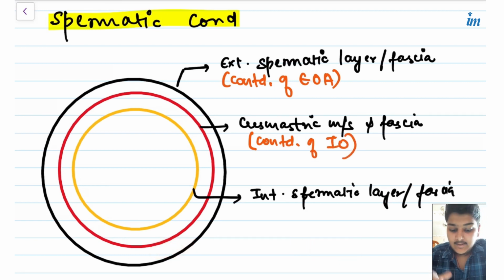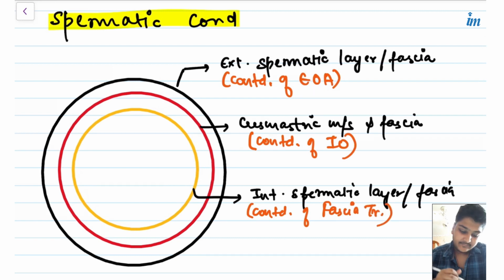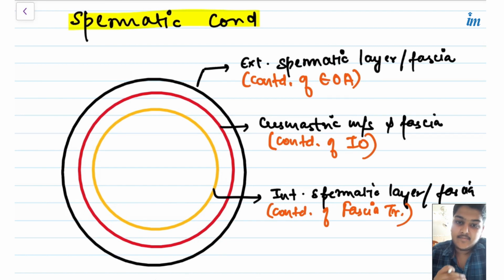And where is this internal oblique coming from? We talked about conjoint tendon, that it contains transverse abdominis and internal oblique. So that internal oblique part of conjoint tendon descends down and forms your cremasteric muscle and fascia. Now the internal spermatic layer or fascia, the innermost, is the continuation of fascia transversalis.